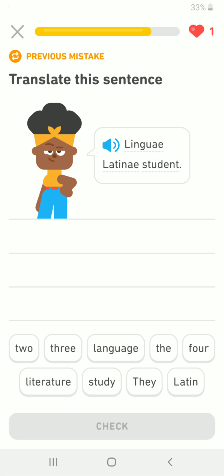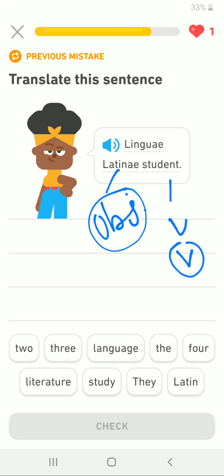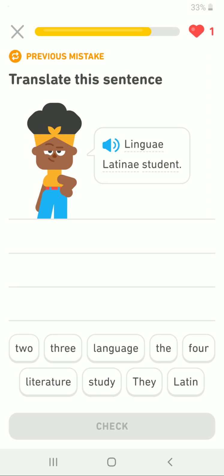Linguae Latinae student. Another mistake. So here we have the verb, we have the object, right? We got the object here. So I'm still confused about the linguas.